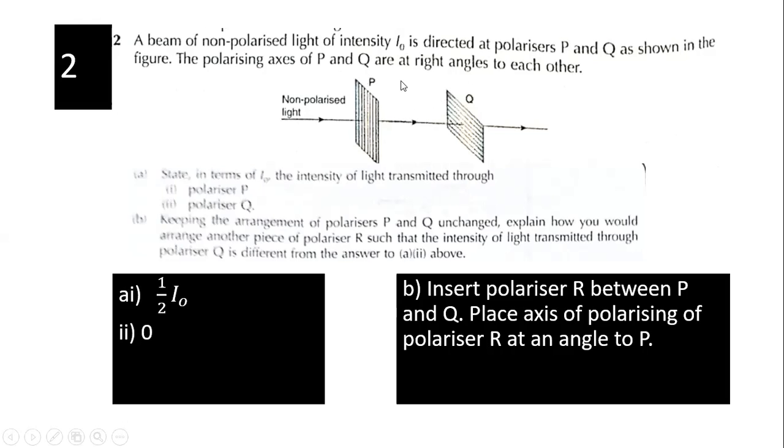So think of polarizer R in between P and Q, and changing the axis of rotation. This is vertically plane polarized. So you put R at an angle to this vertical axis, then only the component parallel to the axis will pass through. Can or not? You understand or not?